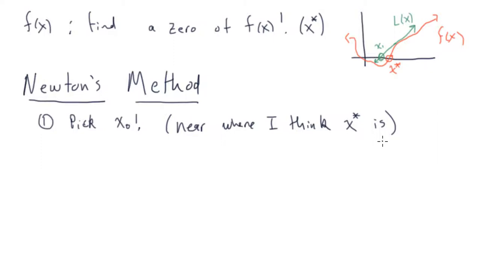So if I pick an x0 close to one 0, it might approximate that 0. But if there's another 0 I'm interested in, I probably want to pick a value closer to that 0 that I'm interested in.